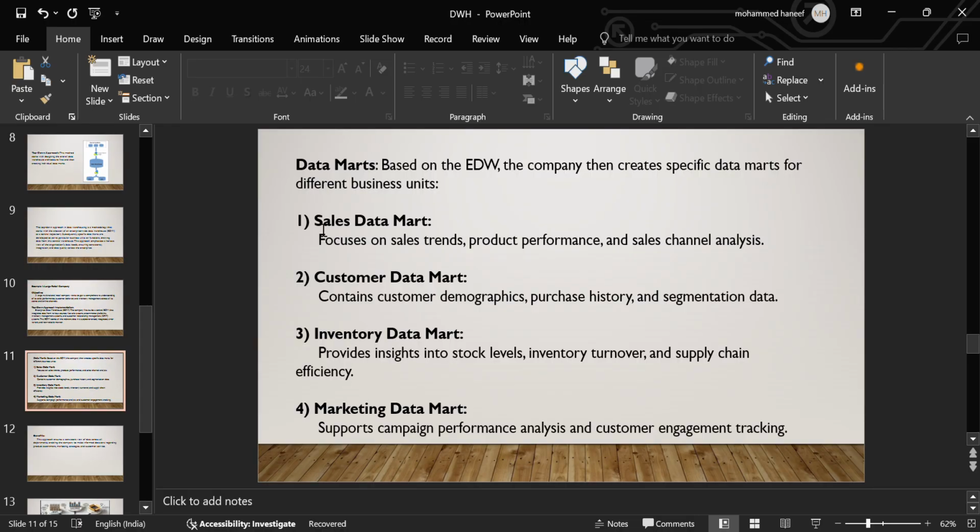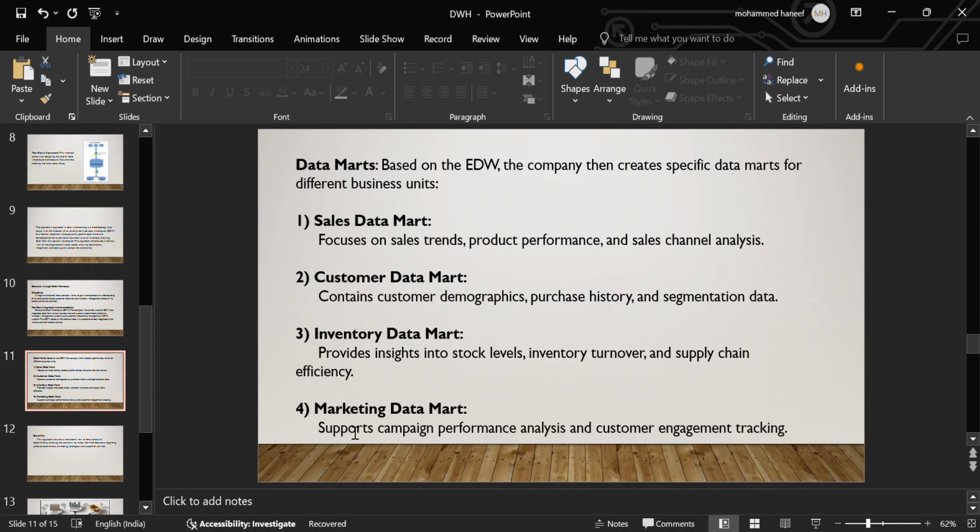Here a sales data mart focuses on sales trends, product performance, and sales channel analysis. And a customer data mart contains customer demographics, purchasing history, and segmentation data. In inventory, how much inventory you have, how much turnover you have done, providing insights into stock level information.